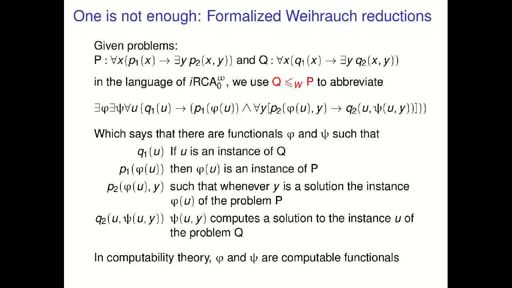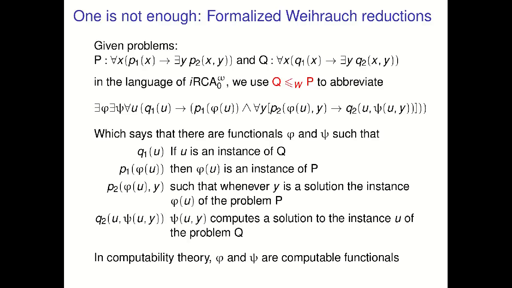So one thing that you can do is, if you have problems like this, and you have this notion of Weihrauch reducibility, if you're working in the higher order reverse mathematics systems, you can actually formalize the whole notion of Weihrauch reducibility.